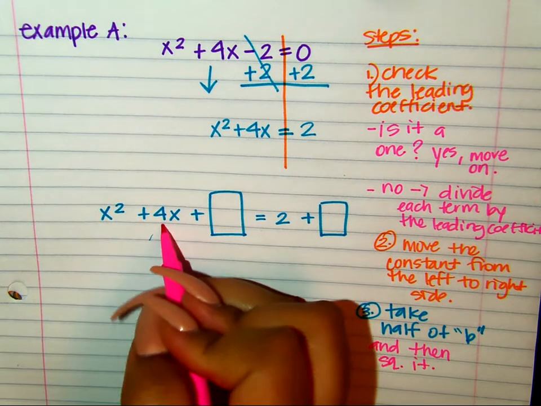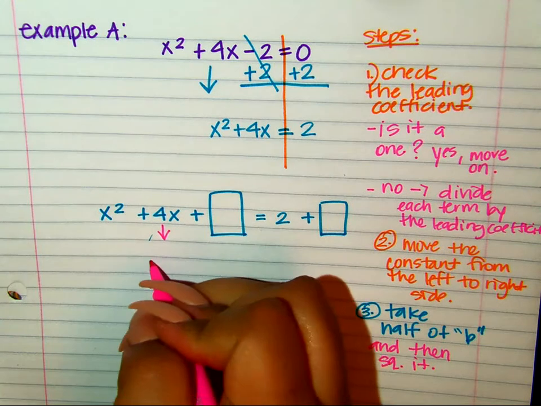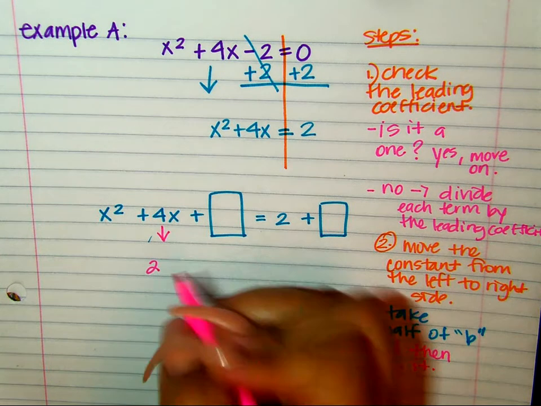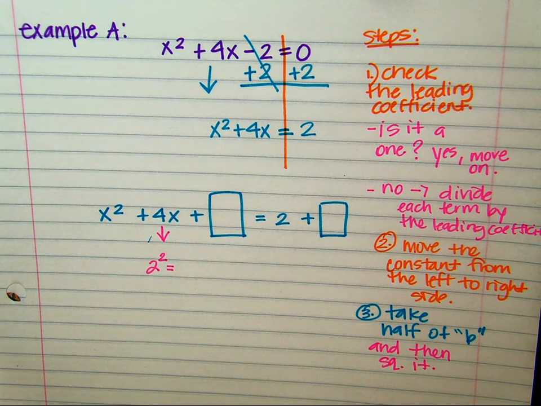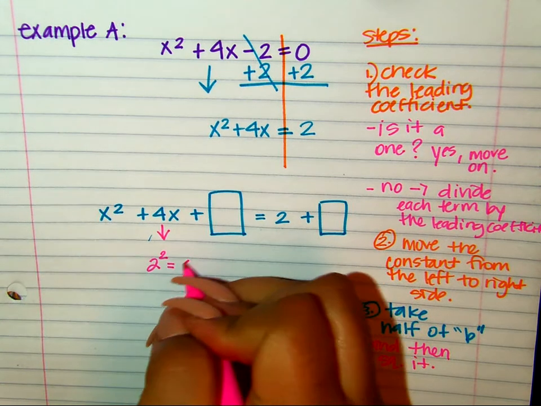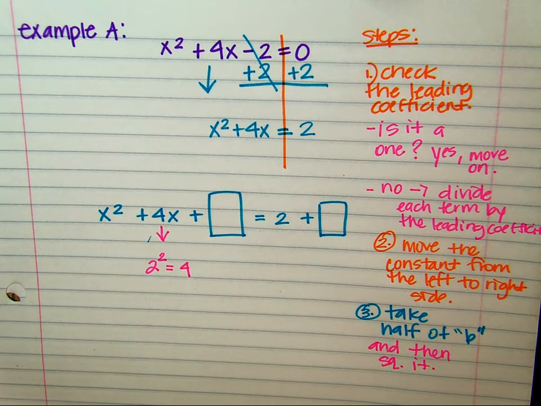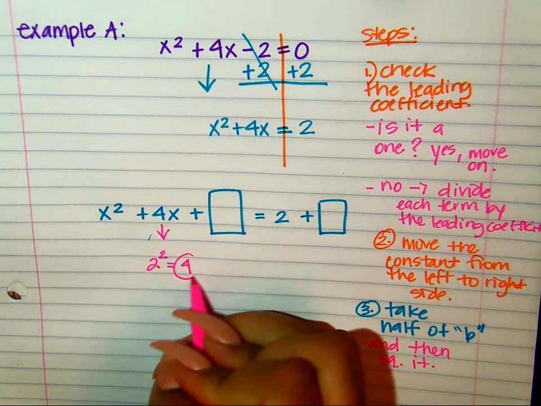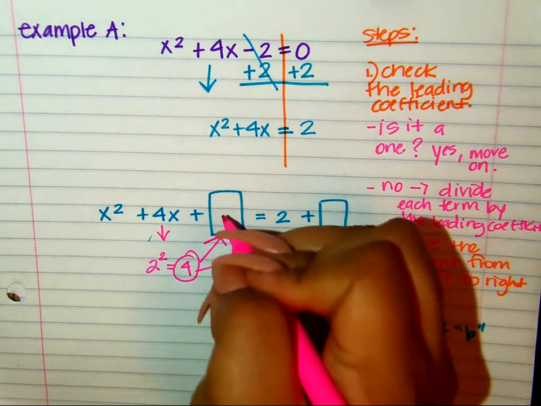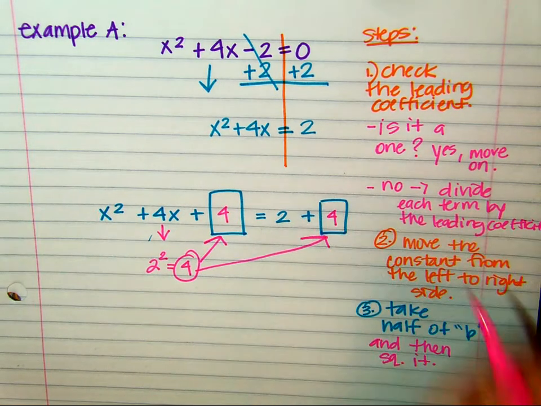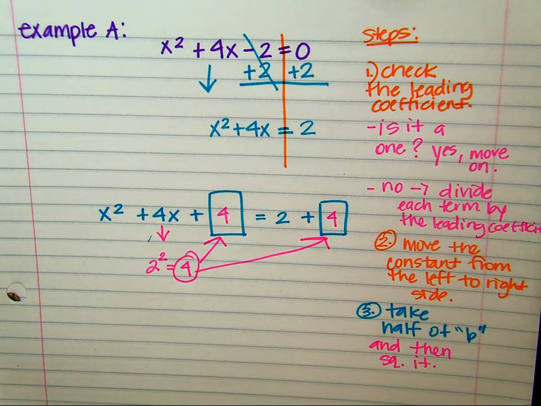So, what is half of 4? Half of 4 is 2. I am supposed to now square 2. Excuse me. 2 squared equal 4. Okay? I am going to take this 4 and put it in my empty squares. Alright. So, whatever I get after I've taken half of b and squared it, I'm going to put it in my empty squares or in my empty boxes.